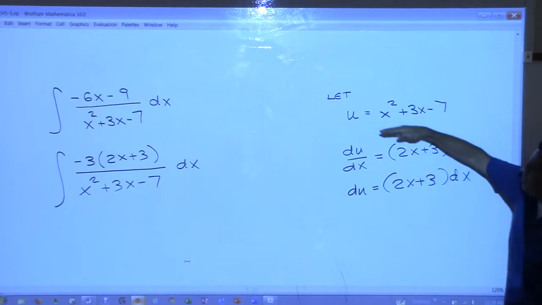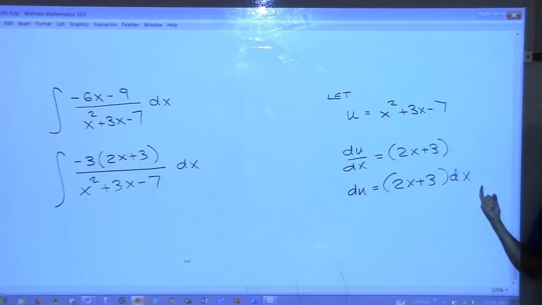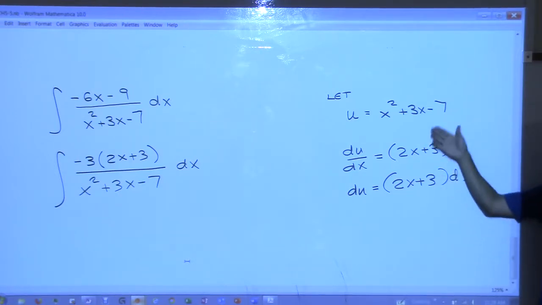Do you see on this step where I take the derivative with respect to x, and on the next step I always move that dx to the other side? I'm going to stop doing this step. From now on, I'll go from here straight to here, just to save us one step. So now we play the matching game.